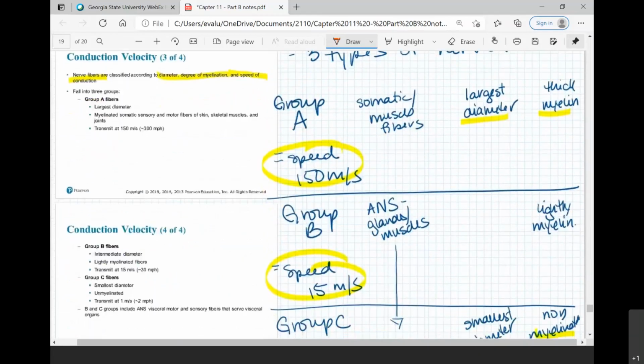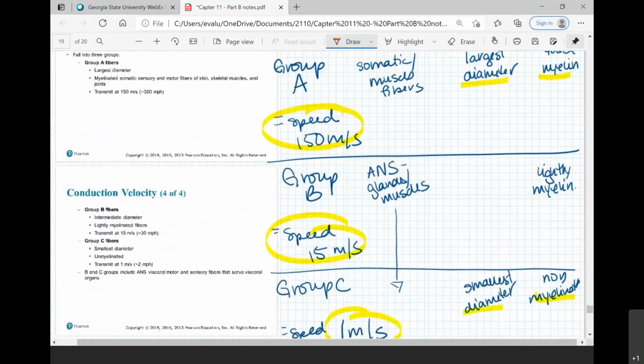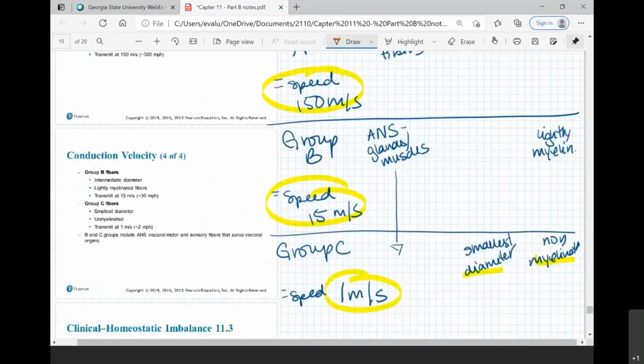They are lightly myelinated. It's not none, but it's not thick. So they're middle of the road speed, 15 meters per second. If group A is your race car, this is your moped. This is not even a car. This is a legit moped, the difference between the two.